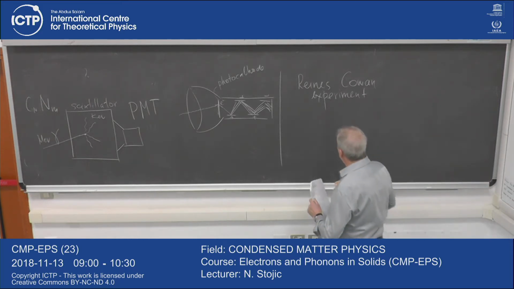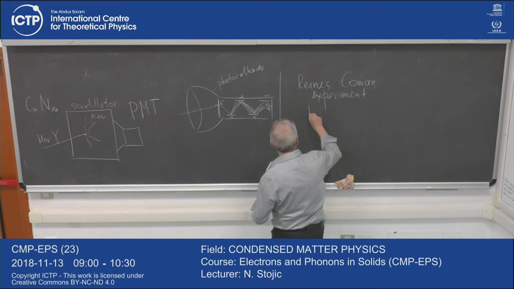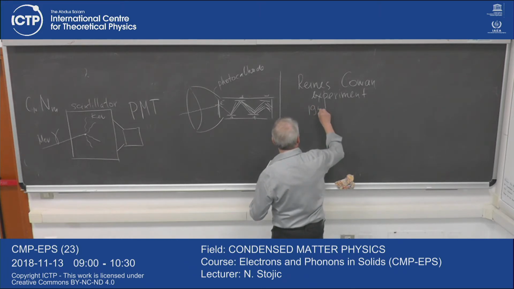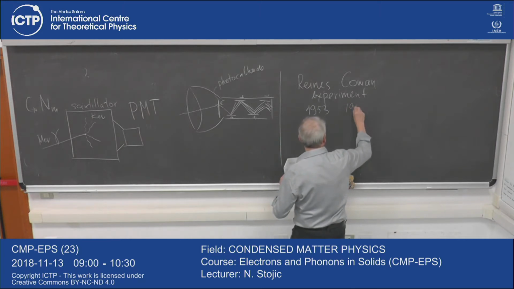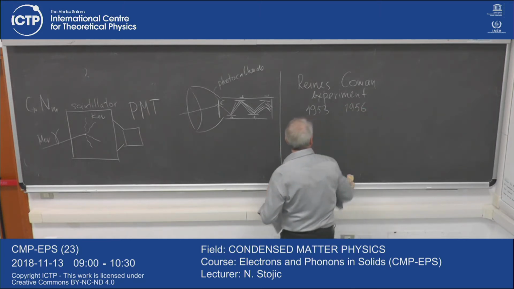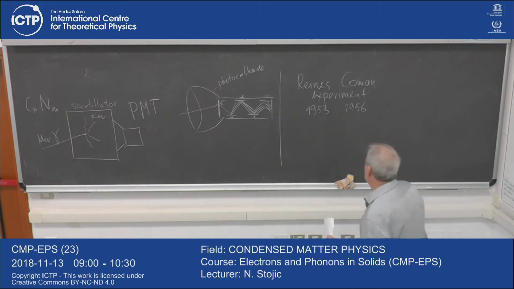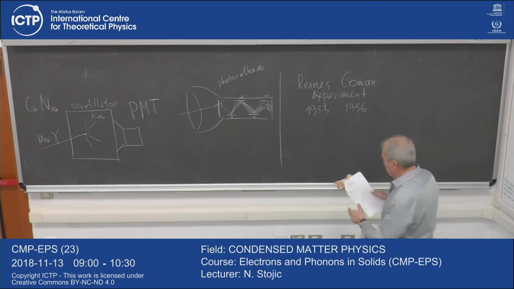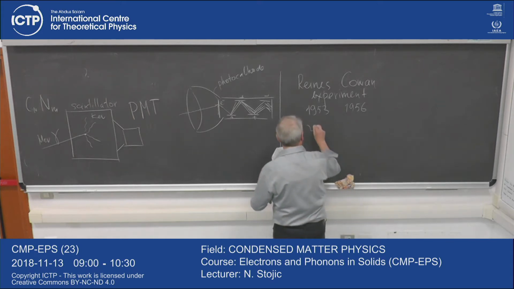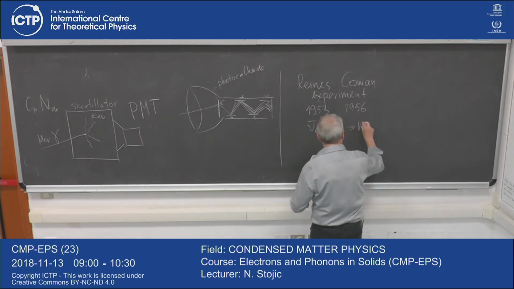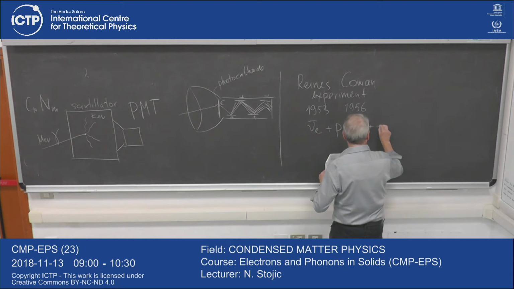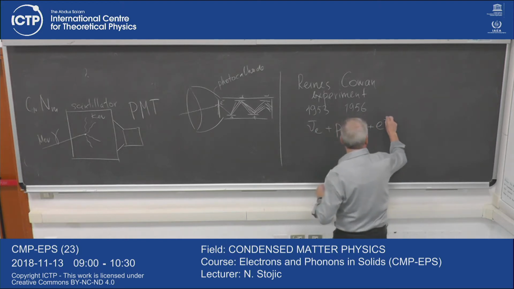Reines and Cohen had two series of experiments starting from 1953, and in 1956 they published a final result. They used the reaction, let me write it again, of inverse beta decay. And even now people are using this reaction. This is the most important reaction used in reactor experiments.